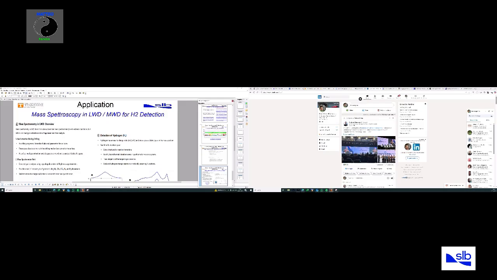The function of mass spectrometry in logging while drilling technology is to make an assessment and confirmation of the geochemical and chemical composition of rocks, and make an instant analysis of fluid formation and gas in the wellbore. This gas dissolves or mixes with drilling mud and is carried out to the surface.